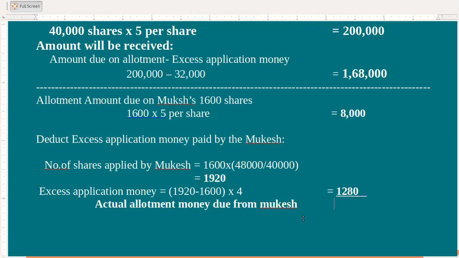I will call you. Nizam, are you there? Yes. Hello? Yes. Are you able to follow me? Yes, sir. Okay, can you tell me the answer? What will be the actual allotment money due from Mukesh?